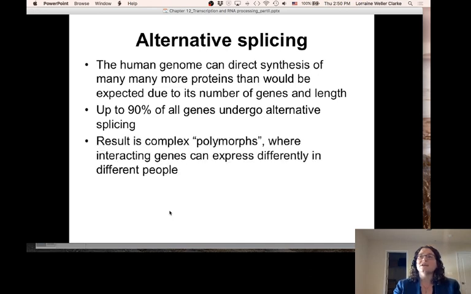The result is complex polymorphs, where interacting genes get expressed differently in different people. Anyone remember where we last used the word polymorph in class? Where did we last use the word polymorph? Recognize that term? What did it describe?